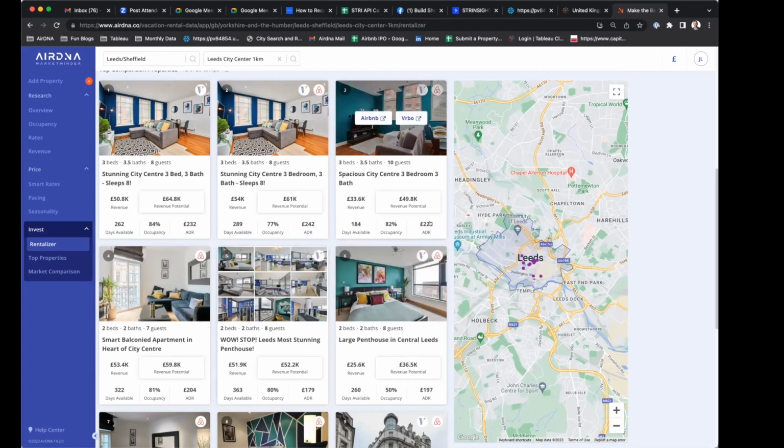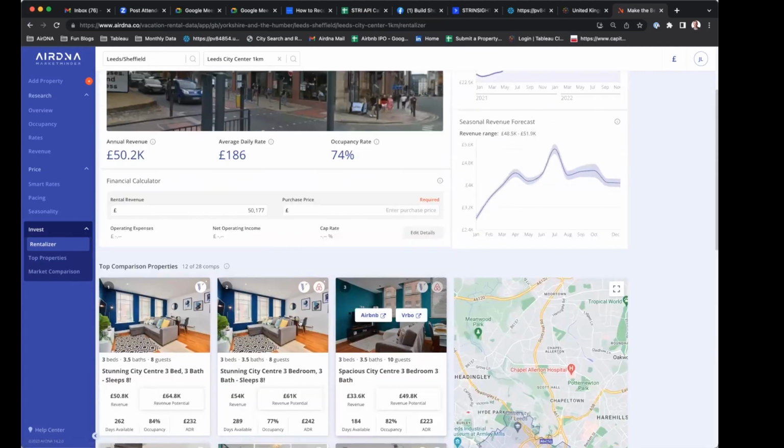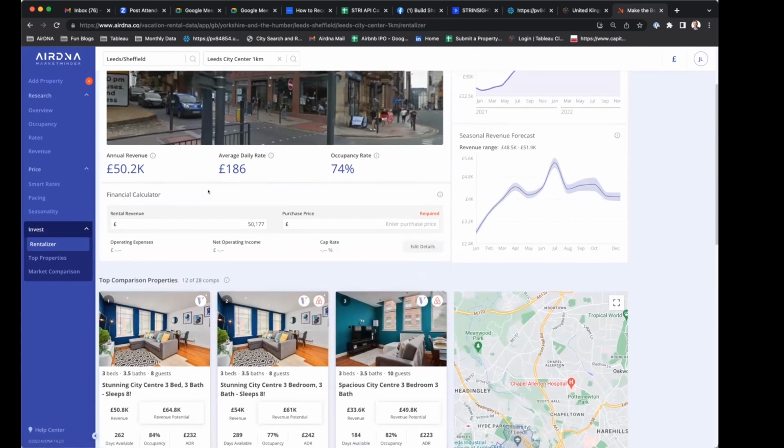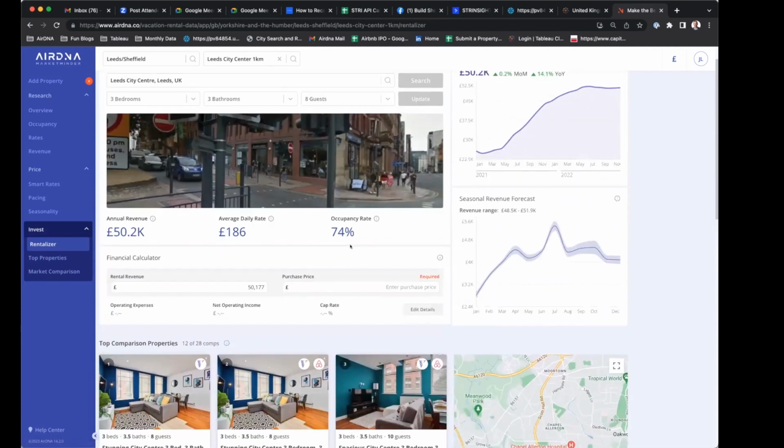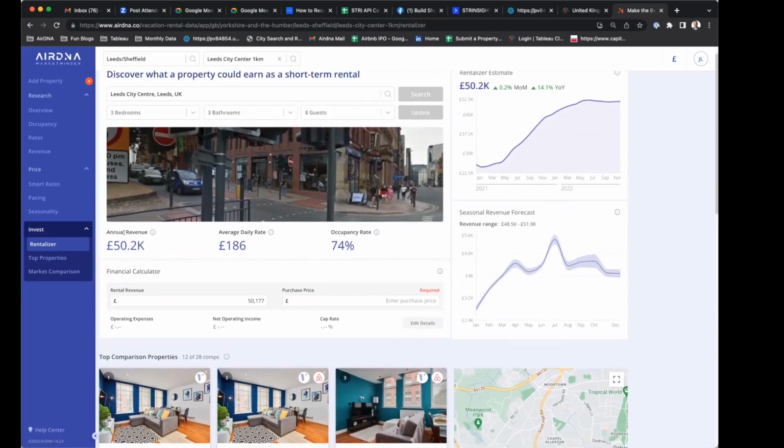And then average ADR. So it looks like we're running about 210 pounds if you look at averaging these top ones. And then you'll see it's going to average out all the comparisons that we pulled and give you both an average rate for the year and occupancy, as well as what the expected revenue would be.